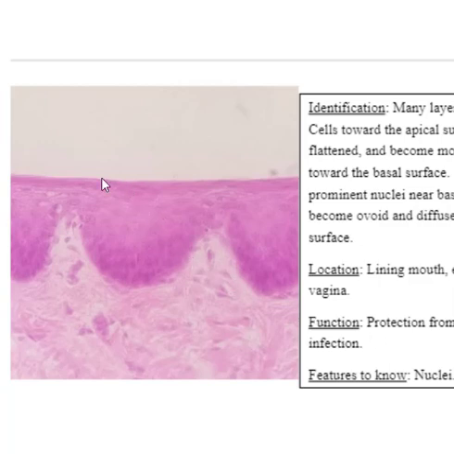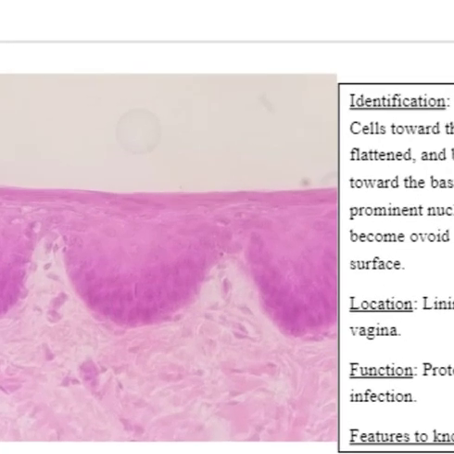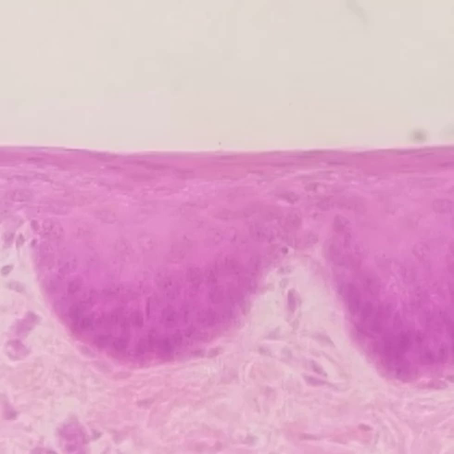Okay, so the only thing you really need to know in this, if you see this, is this is stratified squamous epithelial cells. And if you zoom in, you can see the layers a little bit better. But it's kind of hard to see because you're looking at fried egg-shaped cells from the side, the flat side. So it's really hard to see, but there's a nucleus right there.